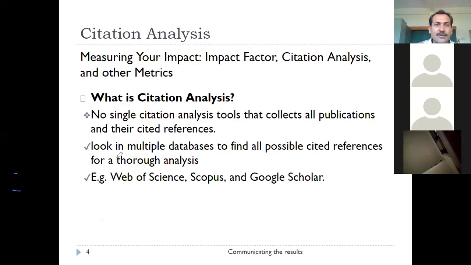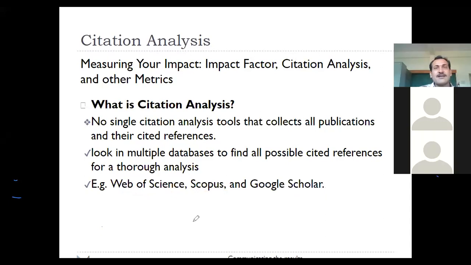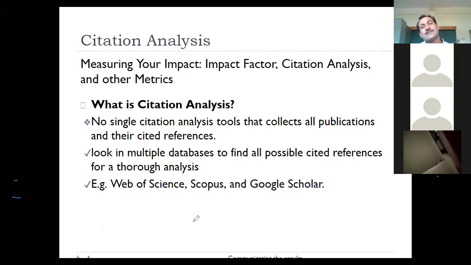We have Web of Science, which is one of the citation analysis tools, Scopus, which is the other citation analysis tool, and Google Scholar. These are all the citation analysis tools we have available. There are some more citation analysis tools also, for example, the Indian Citation Index, right? That can also be used to do citation analysis.